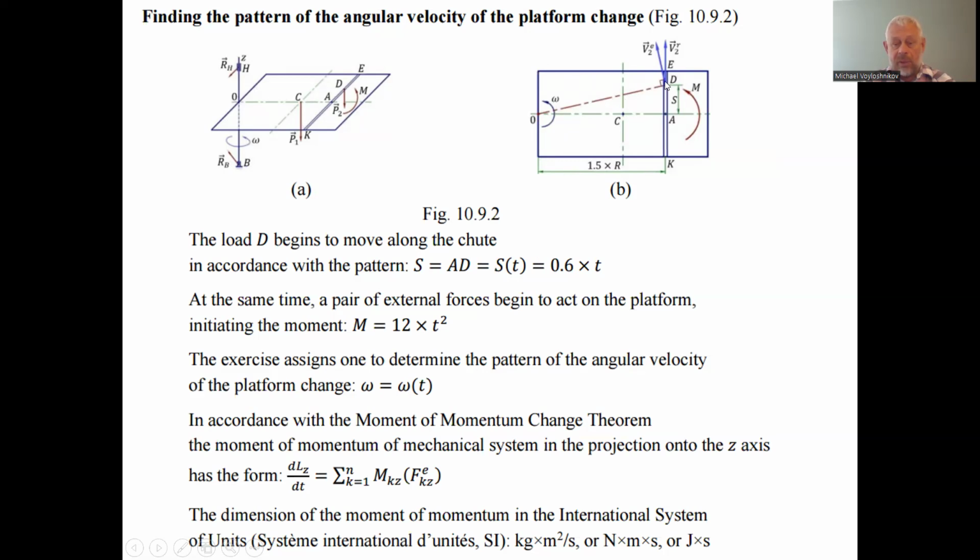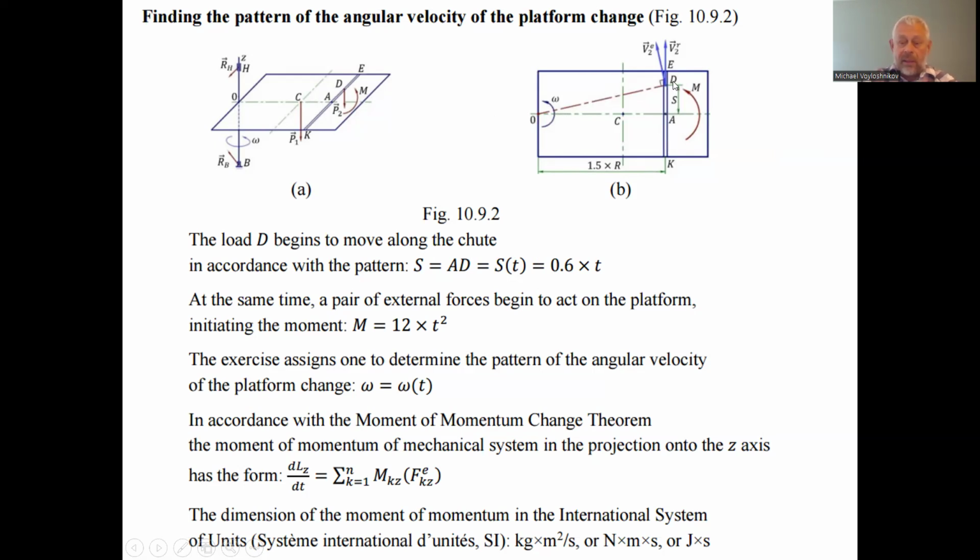This velocity is directed perpendicular, along the tangent of the circle around the axis when the platform rotates, and its magnitude equals the angular velocity multiplied by the radius OD. And we can find D since we have the assigned dependence of the motion of the load along the channel. We have s as the motion, 0.6 multiplied by t, as I remember, the assigned magnitude of the coordinate s of the relative motion of the load along the platform.